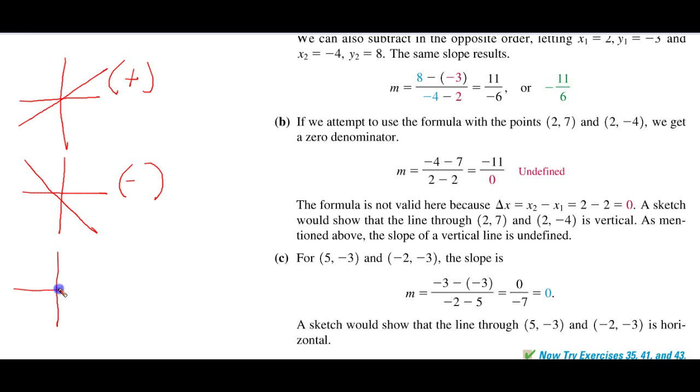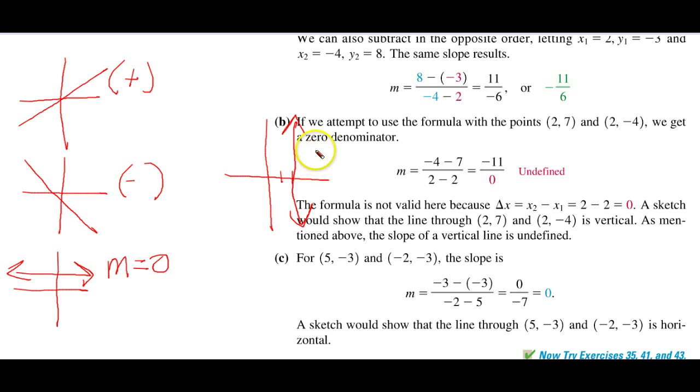When we see a line that is horizontal, like so, the slope is going to be 0. And when we see this one, which is a line in which it's x equals 2, this will be a vertical line, and the slope of a vertical line is undefined because our denominators end up as 0.